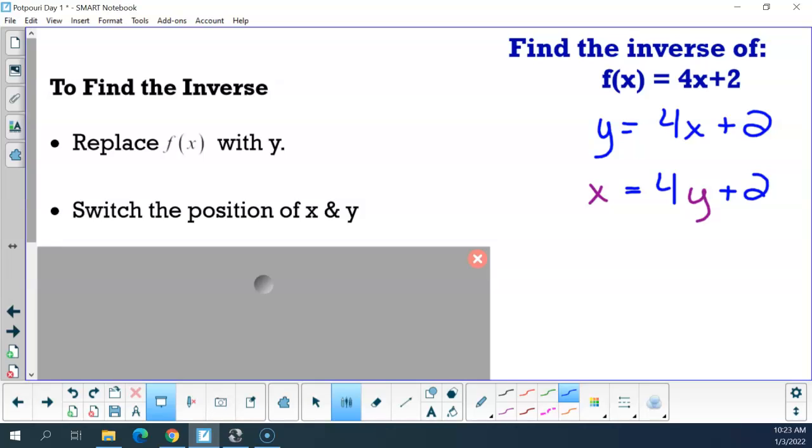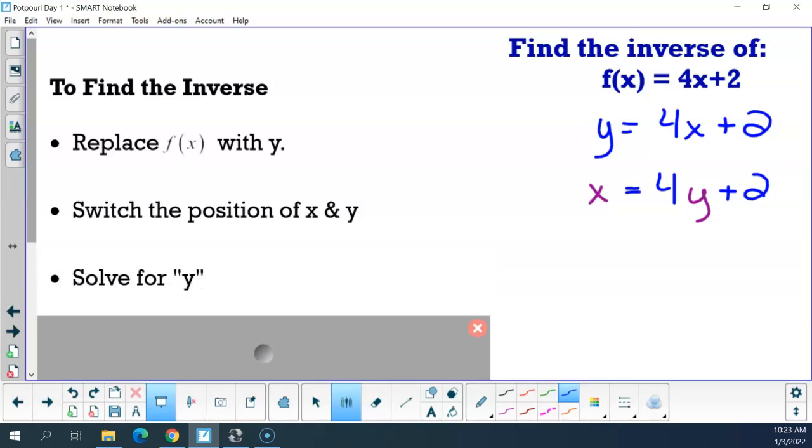So instead of y equals 4x plus 2, now it's x equals 4y plus 2. All you do is switch the x and y. That's step number 2. Step number 3 says, now we take this new equation and we solve it for y.